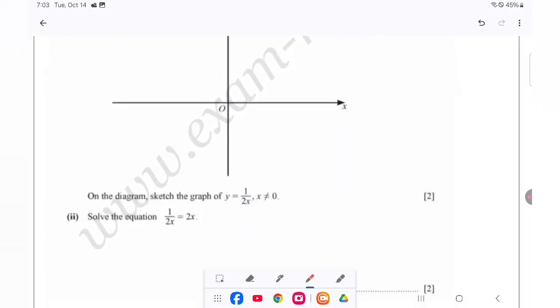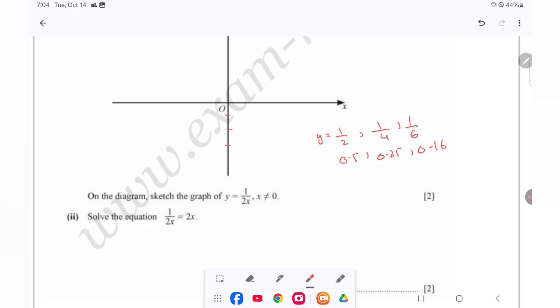For part B, on the diagram, sketch the graph where x cannot be equal to 0. First, put y equals 1 over x. When we put x equals 1, 2, 3, this is our 0.5, this is our 0.25, this is our 0.16 on the y.